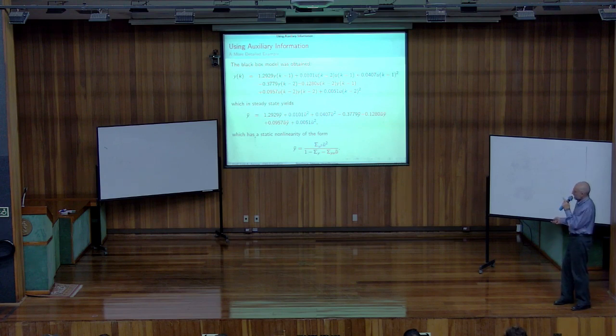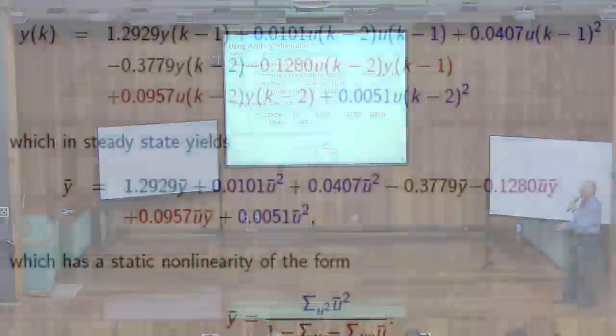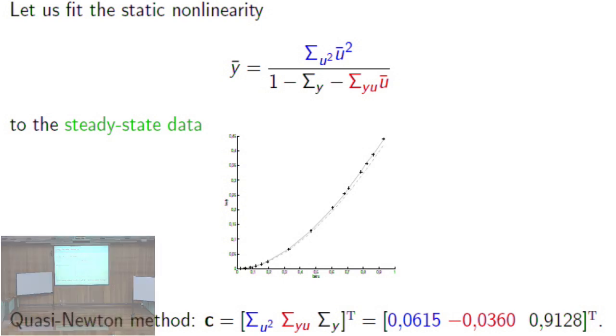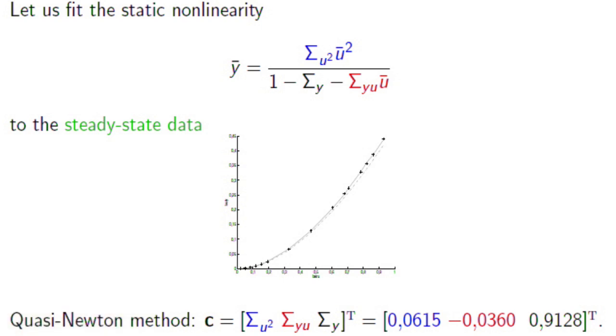This is the equation of the static function of this dynamical model. Now, if I have a curve, I want to ask this question: how do I find these three constants in such a way that this function fits the curve? So here we have, these are the steady state data.